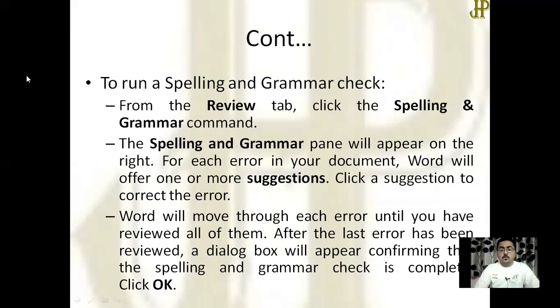Word will move through each error one by one until you have reviewed all of them. After the last error has been reviewed, a dialog box will appear which confirms that spelling and grammar checking is complete. Click OK.